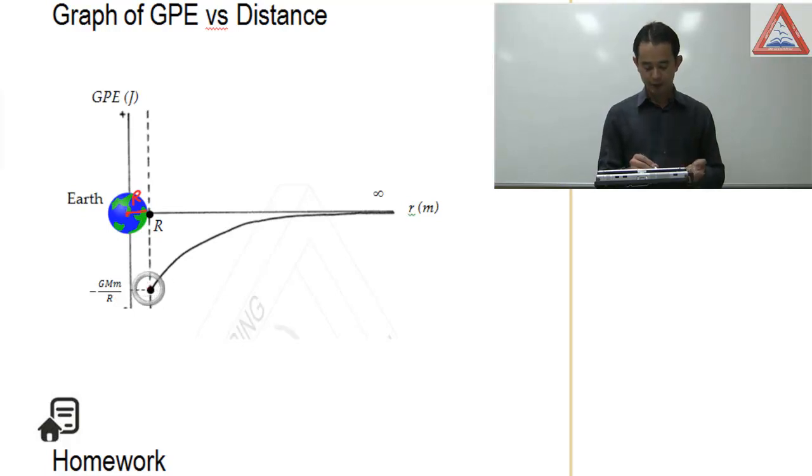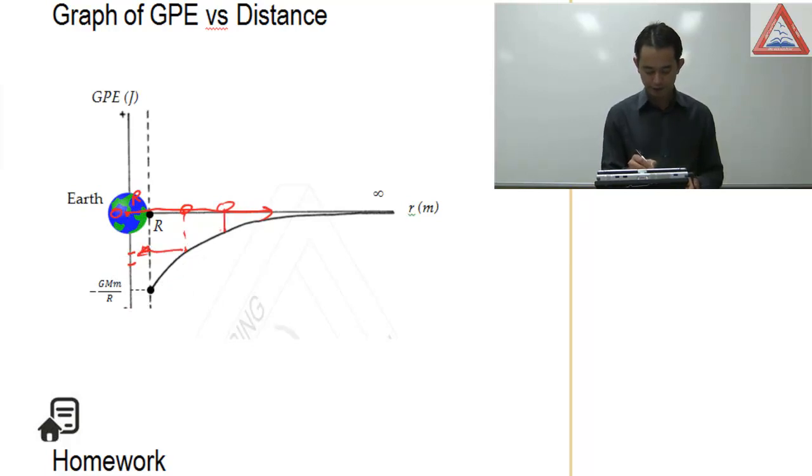Now, as we said before, if we increase the distance r, so if we move the object along that line across to the right as such, the value of GPE should be increasing, but it's increasing towards what? It's increasing towards 0. There's 0 up there. So when you plot it at that position, its value should be here, right?